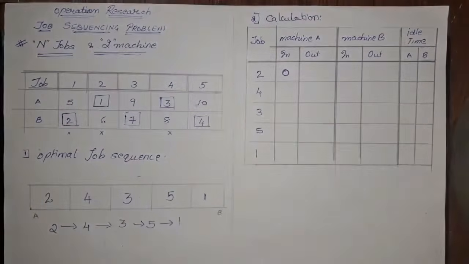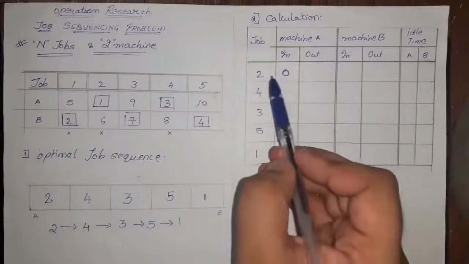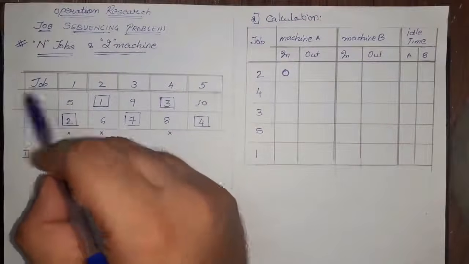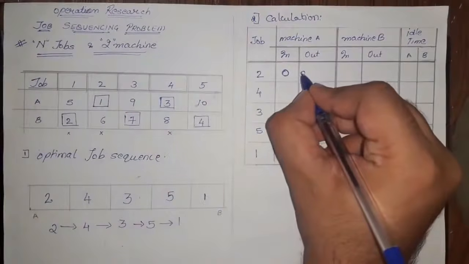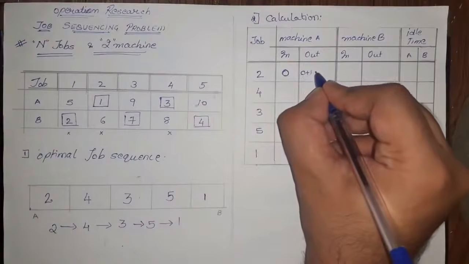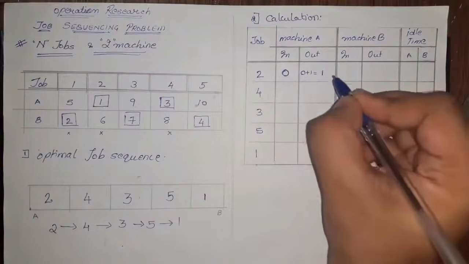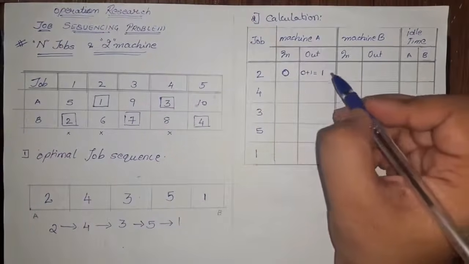Check machine A under job 2: how many hours did it take? It has taken 1 hour, so my out time will be 0 plus 1, which is 1.